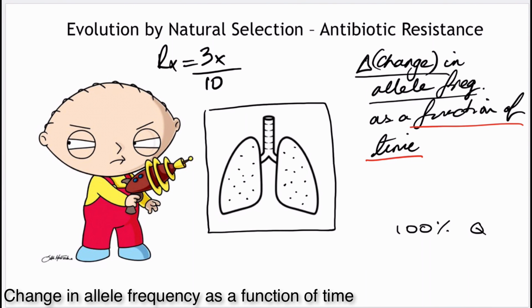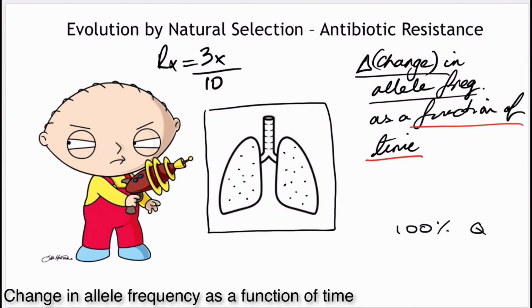So bacteria can test out new mutations very, very frequently and very, very rapidly, whereas you or I, our generation time is basically from birth until reproductive maturity. And so that's why we can't keep up with this arms race effectively with antibiotic resistance in bacteria. So there's definitely a change in allele frequency as a function of time.